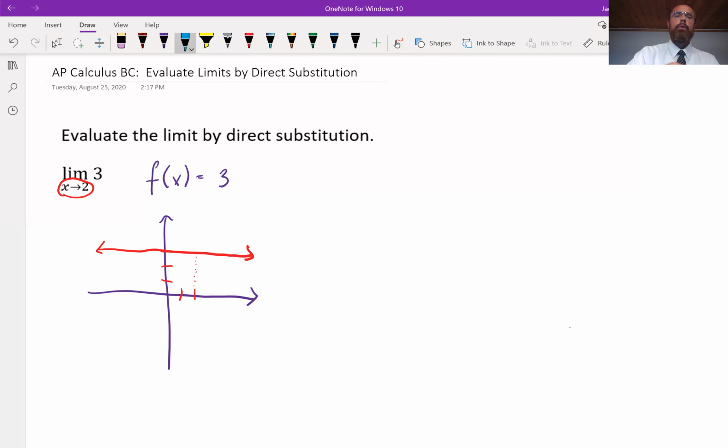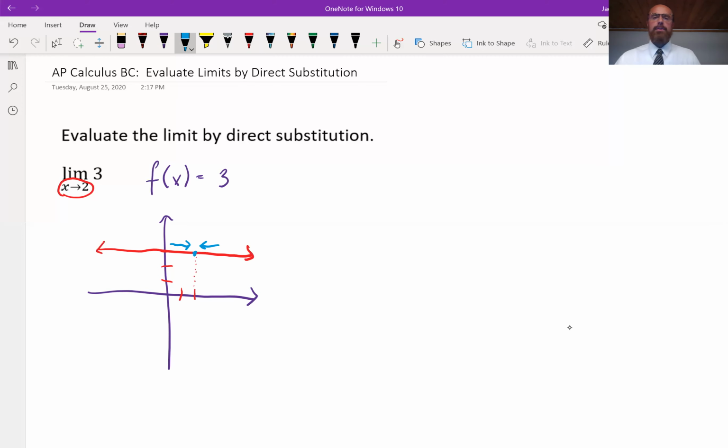What we are looking for is what the y value is as x gets close to 2 from the left and from the right. And that two-sided approach is essential. In order to evaluate a limit, the value of y has to be the same as we approach the x from the left and from the right.